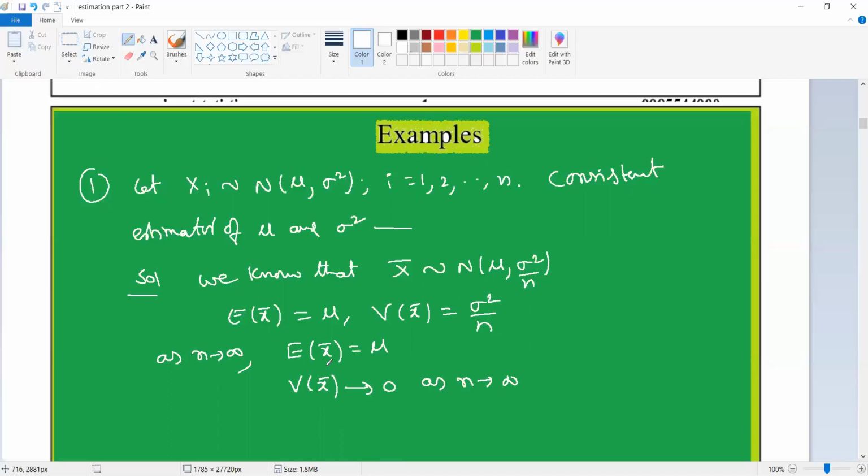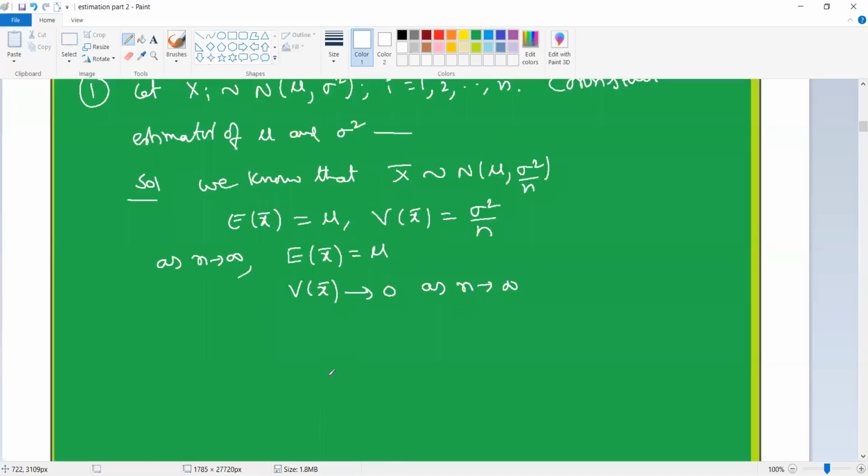So the sufficient condition for consistency is satisfied. Therefore, X bar is a consistent estimator of the unknown population mean mu.